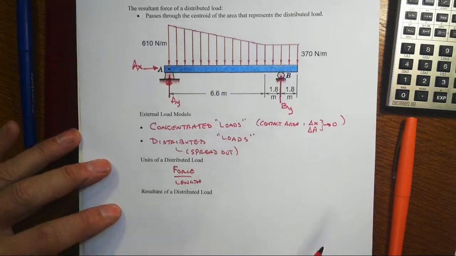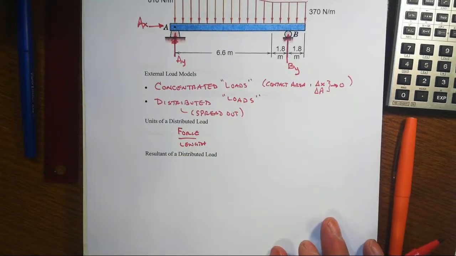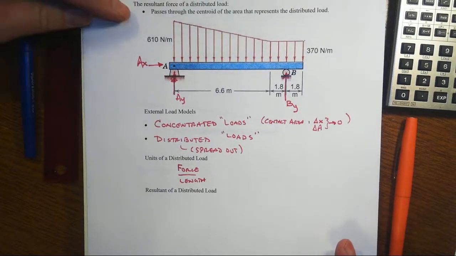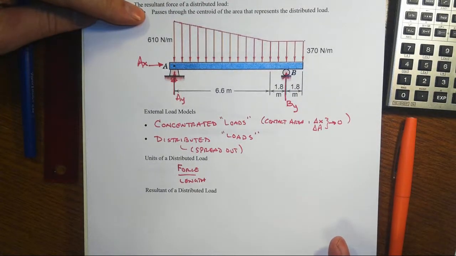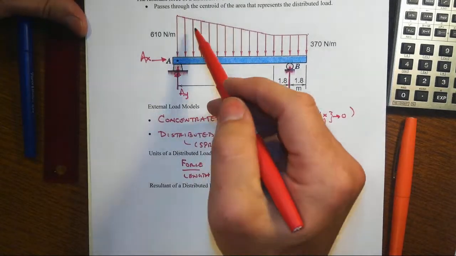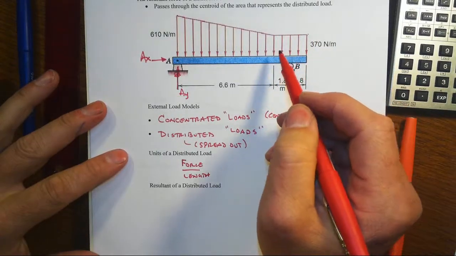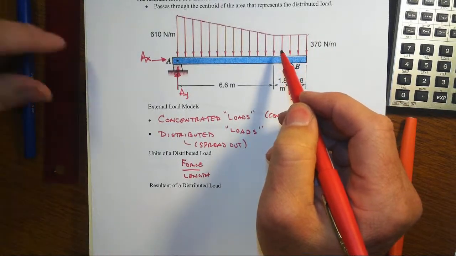That's key when we come back and talk about the resultant of a distributed load, and there's a phrase up at the top of the page that says that it passes through the centroid of the area that represents this distributed load. Well, this area, that's what this is. This is just a diagram. It's not real.